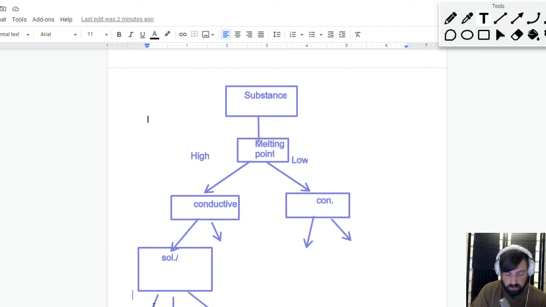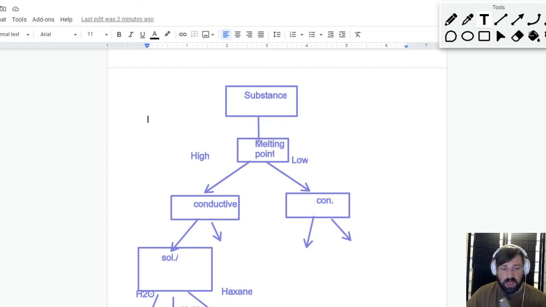You have polar, or let's say hexane, H2O, and neither. Then you're going to go through and put a box and actually put what type of bond it is. So at this point, you could say, yes, it is a polar bond.